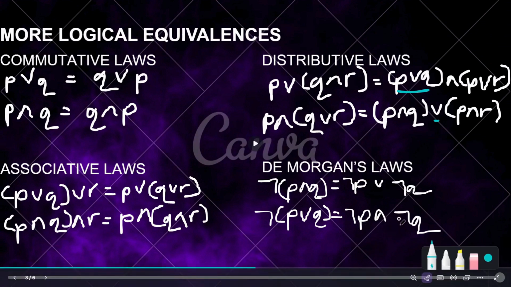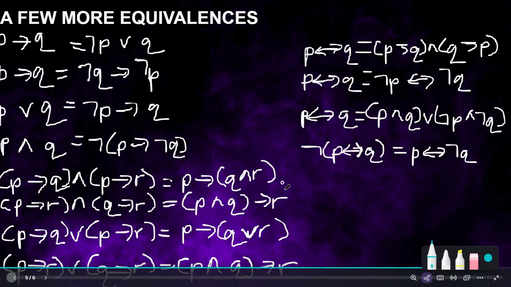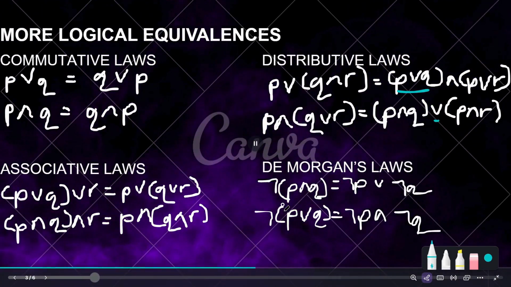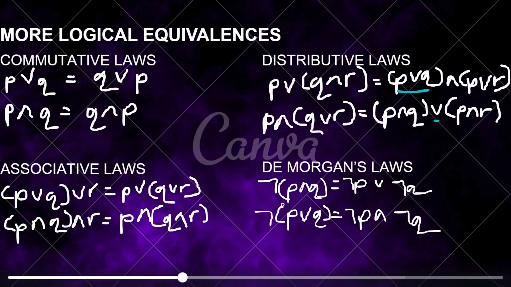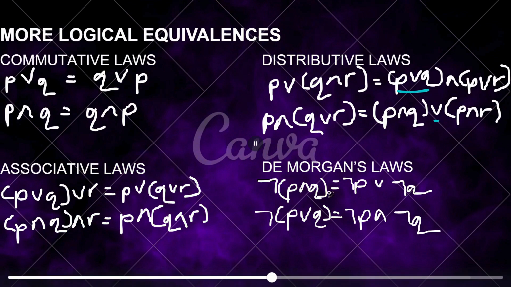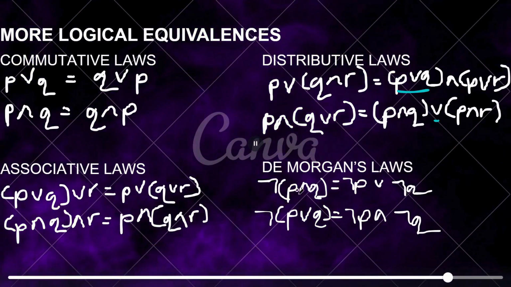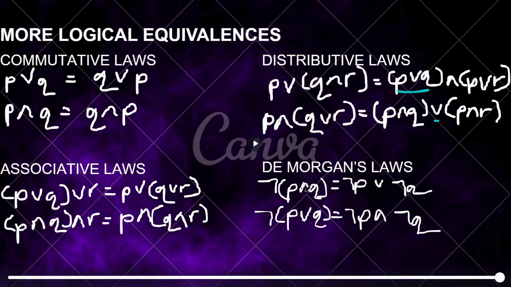And the last one, De Morgan's law. Very simple. Not (P and Q) becomes not P or not Q. If there is a negation, we need to change the symbol: if negating a conjunction, change it to a disjunction. And not (P or Q) becomes not P and not Q. This is called De Morgan's law.